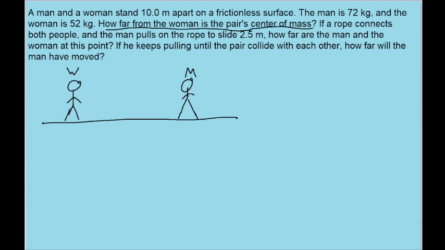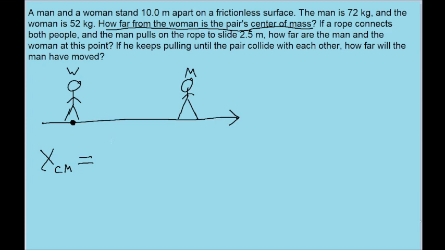The first part of the problem asks us to find the location of the center of mass with respect to the woman's position. So to do this, I'm going to define a single coordinate axis, and because the problem specifies from the woman, I'm going to set the origin to be at the woman's original location. Now finding the center of mass is pretty simple, especially when we only have one axis to work with.